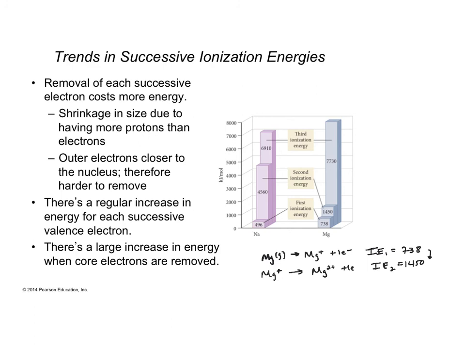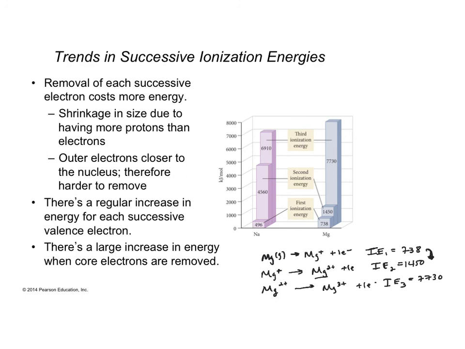If we then tried to remove the third electron from magnesium, we would take magnesium 2+ and make magnesium 3+. This third ionization energy, even though we should expect an increase, shows a gigantic increase, right? So this ends up being about 7,730 kilojoules per mole.